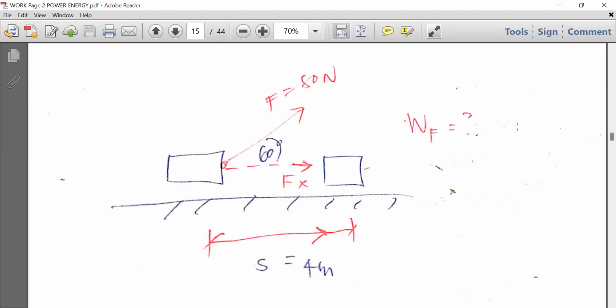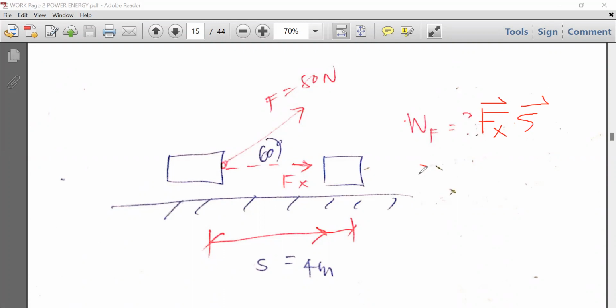So remember, the x component is F sub x, and multiply that by s, the displacement.